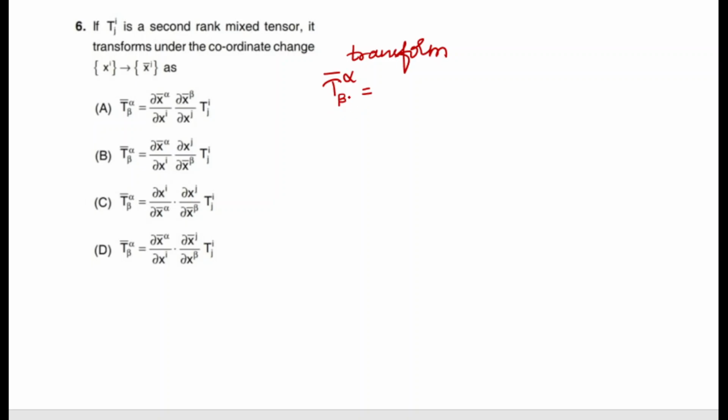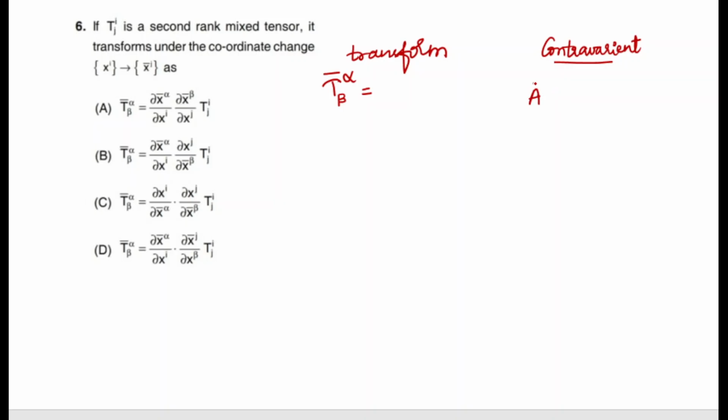Alpha in a superscript represents a contravariant tensor, and beta in a subscript represents a covariant tensor. So from the definition of contravariant and covariant of rank 1, how can I write the contravariant tensor?